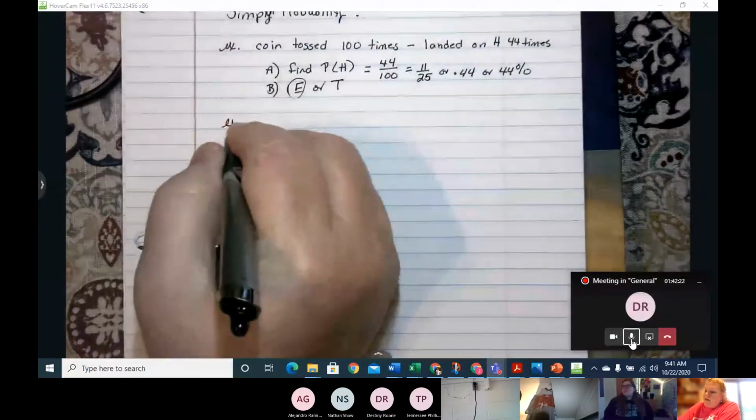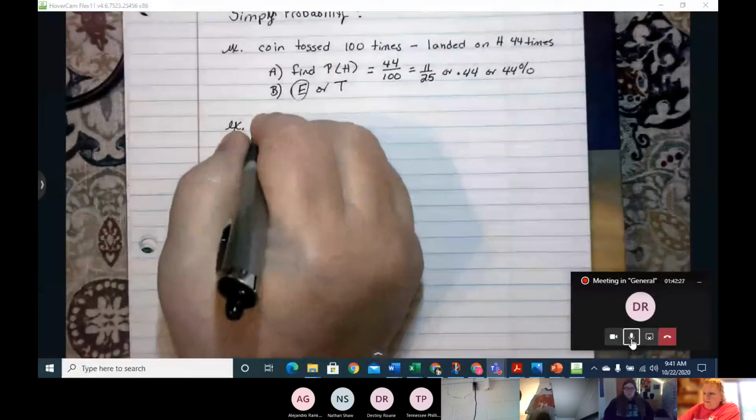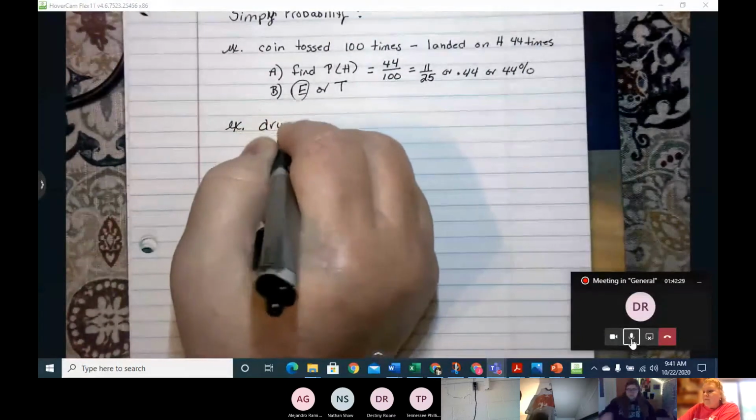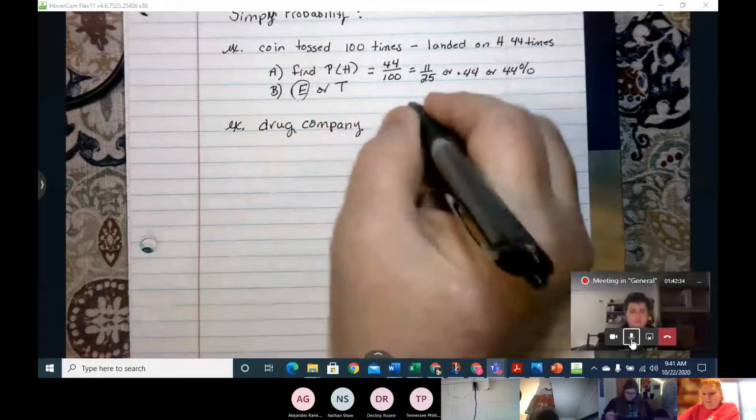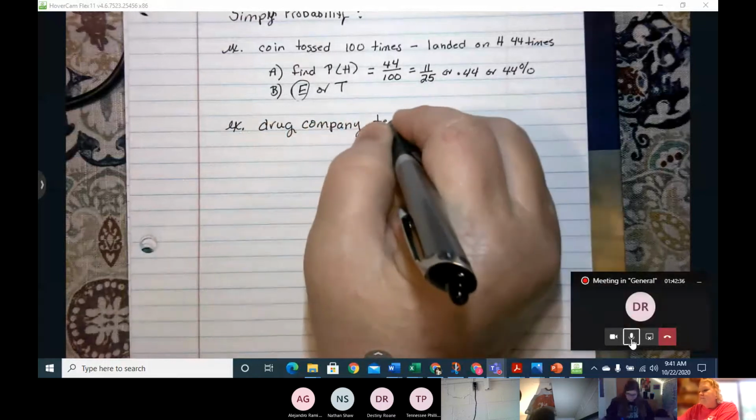Here's another example of simple probability. We have a drug company testing a new drug.